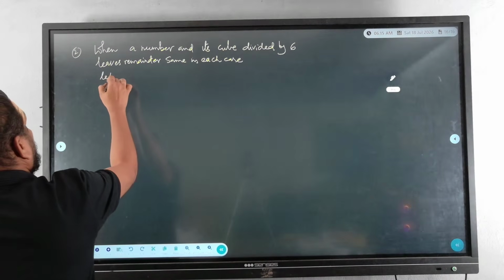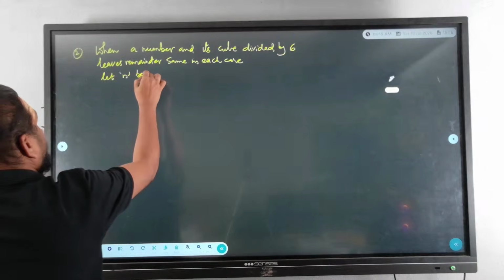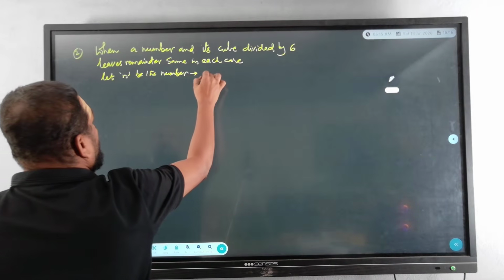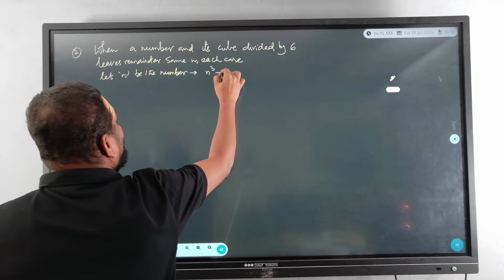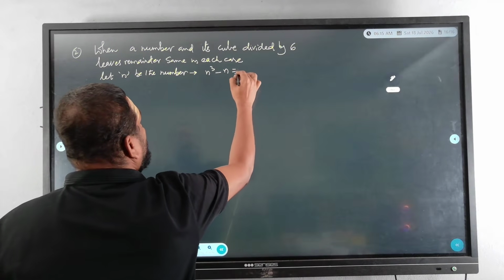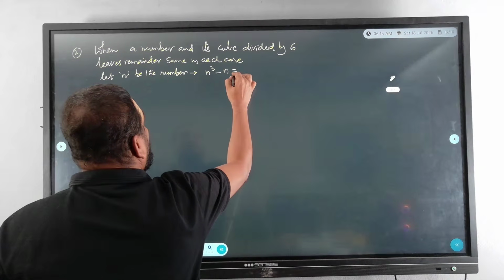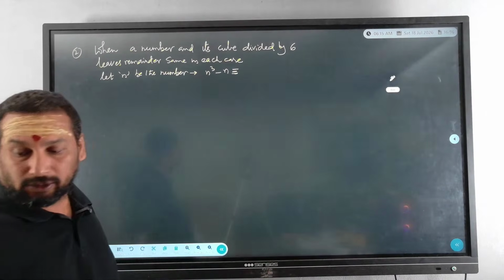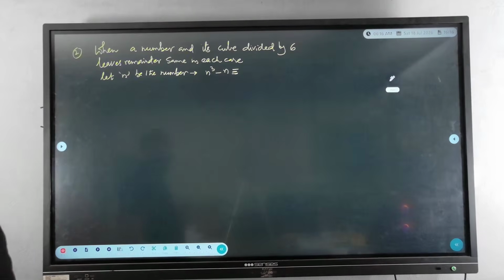So let n be the number. We have to show that a number and its cube divided by 6 leave the same remainder in each case.